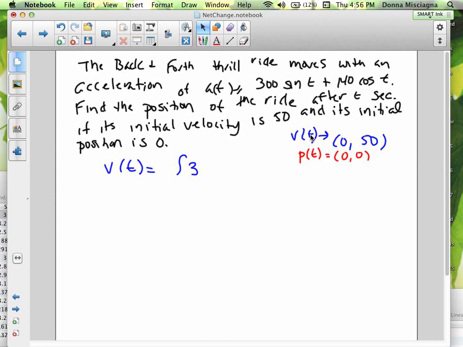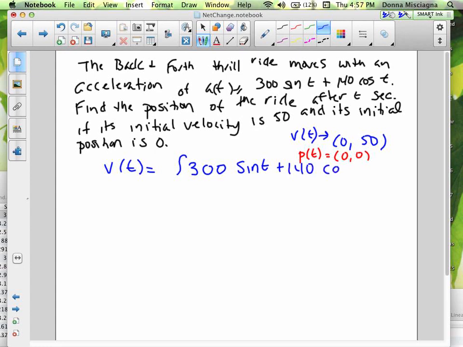All right, so v of t equals the integral of 300 sin t plus 140 cos t dt. We'll integrate that. Whose integral is sine? That's going to be negative cosine, right?